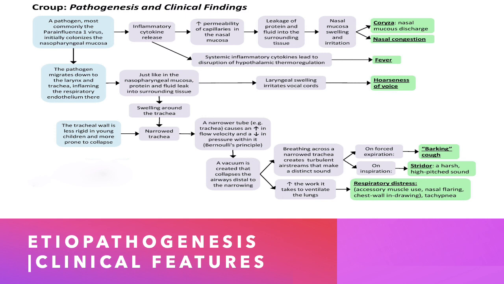So, because of the mucosal swelling and the physiological flexibility of the tracheal wall and a tendency to collapse, it leads to a narrowed trachea. A narrower tube, for example the trachea, as you all know, causes an increase in flow velocity of air and a decrease in pressure within it. How do we know that?